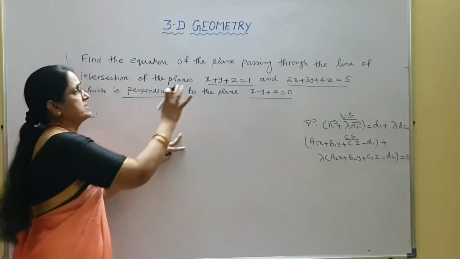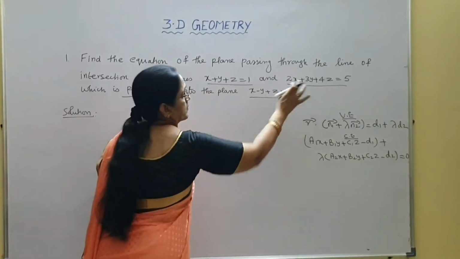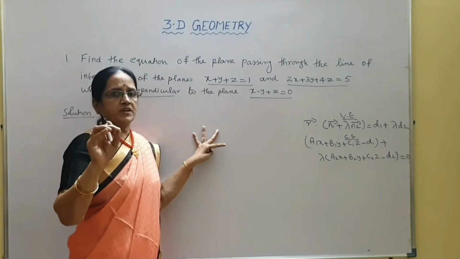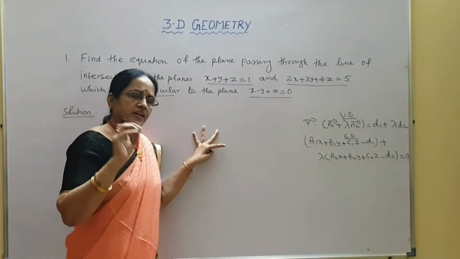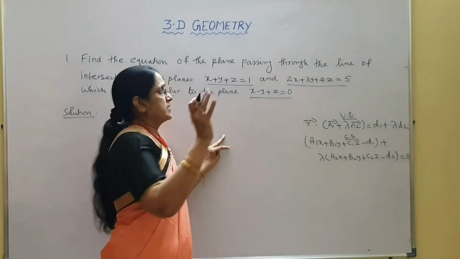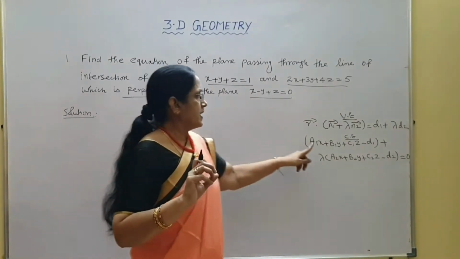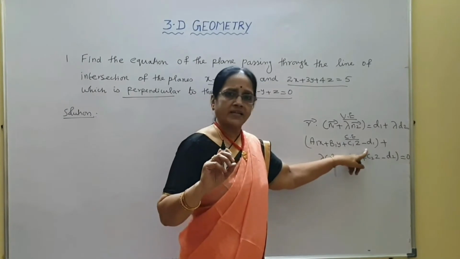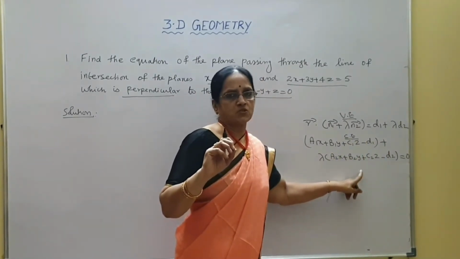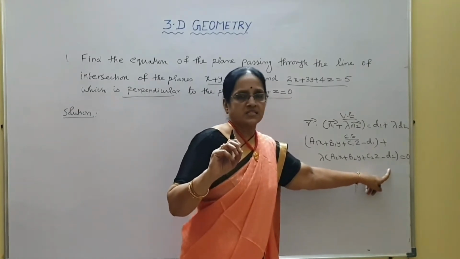Here, both the equations are given in Cartesian form. So, we can always use the Cartesian equation of the plane. You know that the equation of the plane passing through the line of intersection of the given 2 planes is nothing but a1x plus b1y plus c1z minus d1 plus lambda times a2x plus b2y plus c2z minus d2 equal to 0.